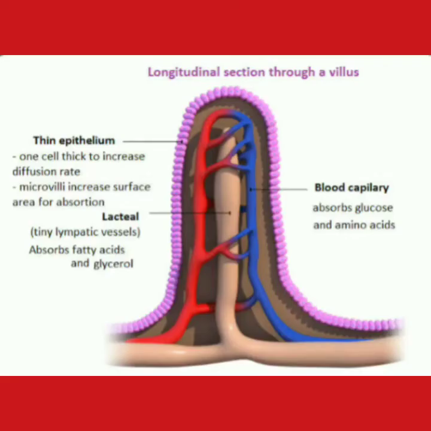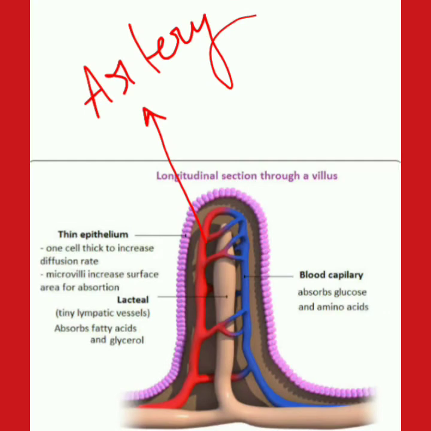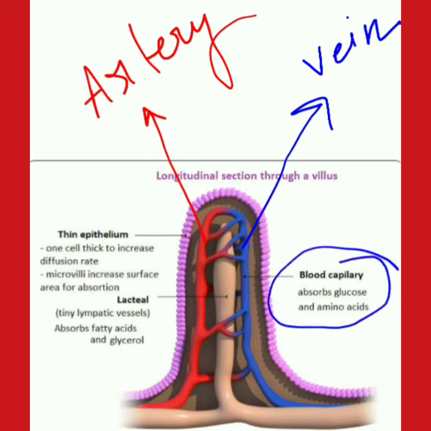Inside the villus are contained an artery, a vein, interconnecting blood capillaries, and a lymph vessel called lacteal.